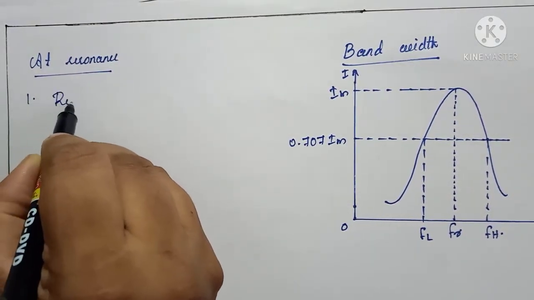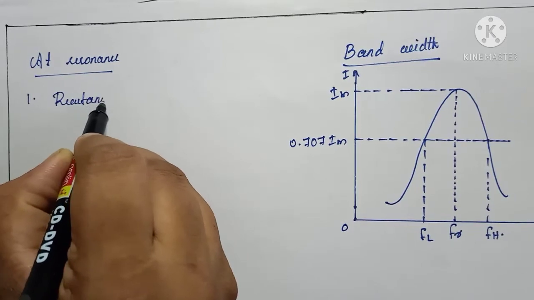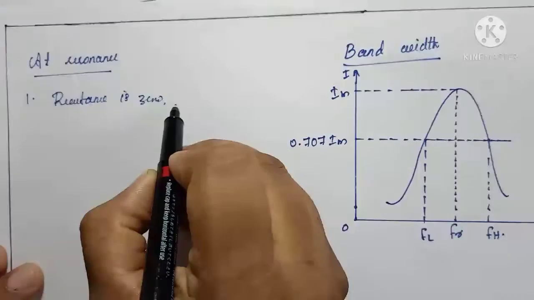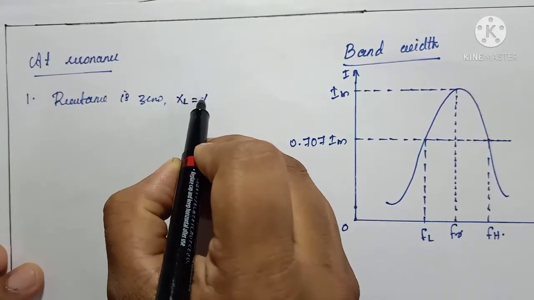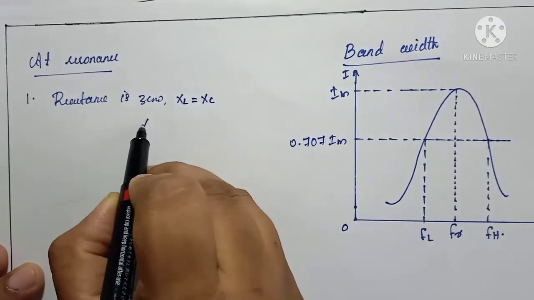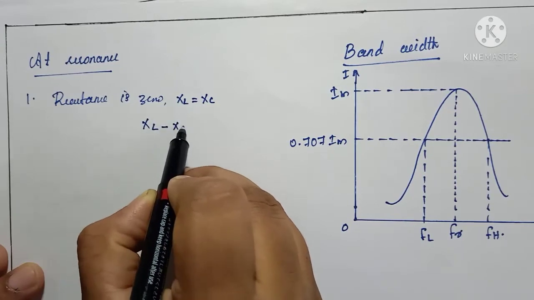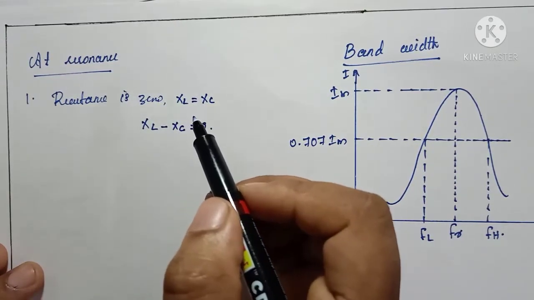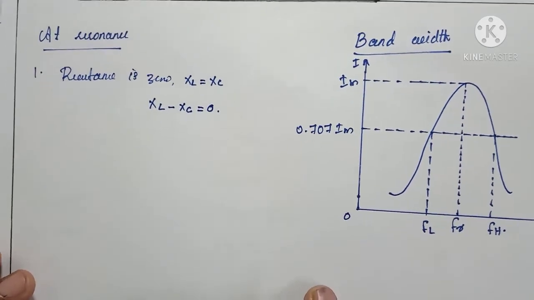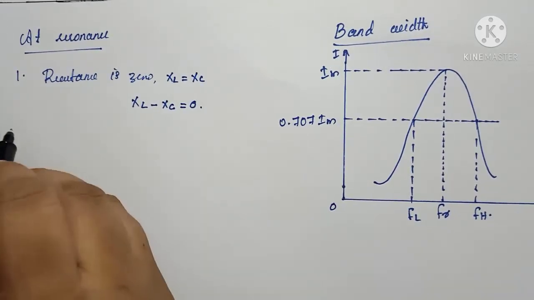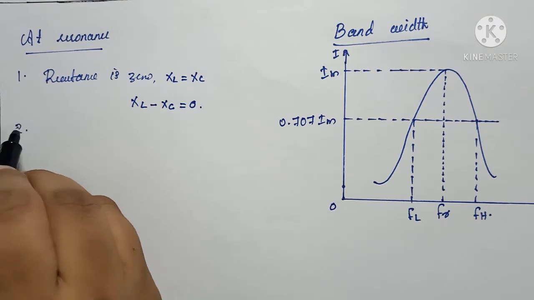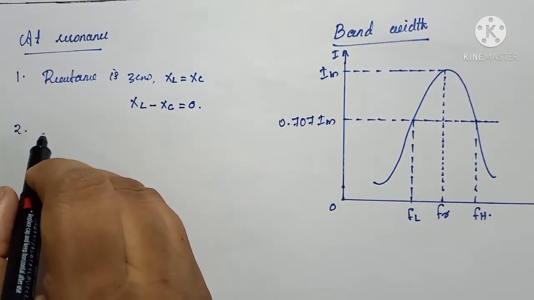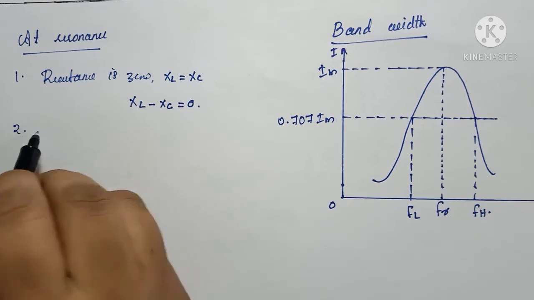Net reactance is 0. Why? Because XL equals XC, or otherwise XL minus XC will be 0. So we can say that the net reactance will be 0 at resonance condition. And the second important point is that the impedance will be minimum.